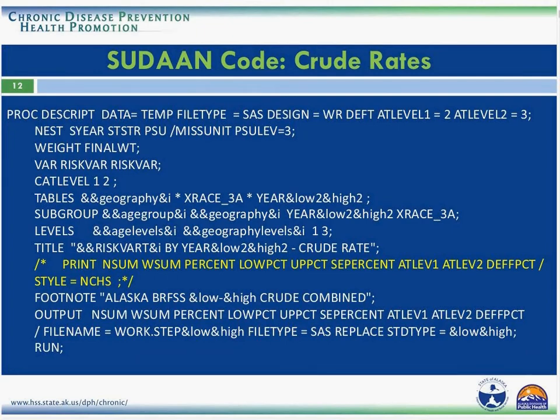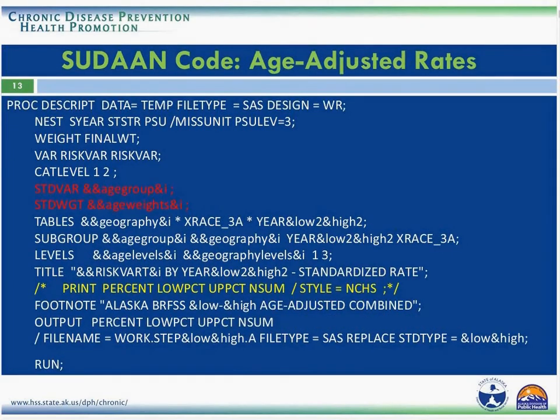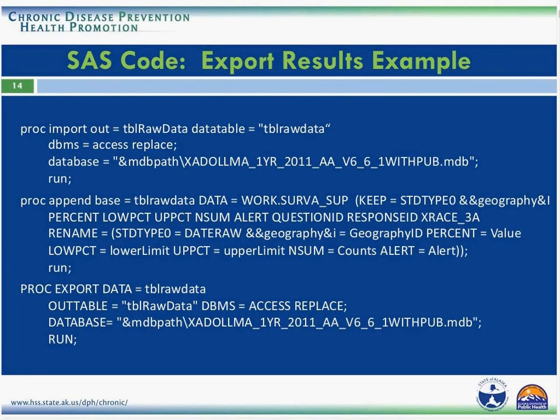What we're getting back out of this system is the sample size, the weighted sample size, the percentage, the confidence interval of the percentage, the standard error of the percent, the strata and the primary sampling unit, and also the design effect. These data are used both to summarize the data and by the National Center for Health Statistics to evaluate the quality of the information.